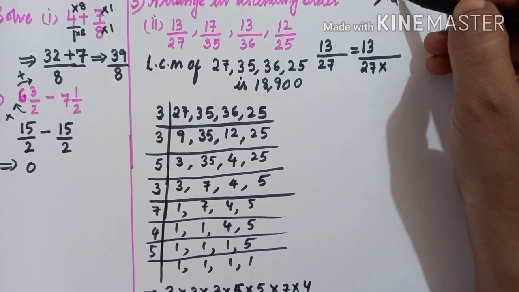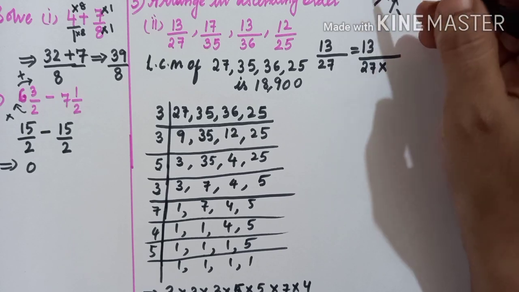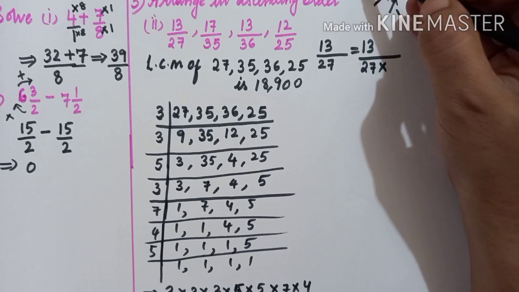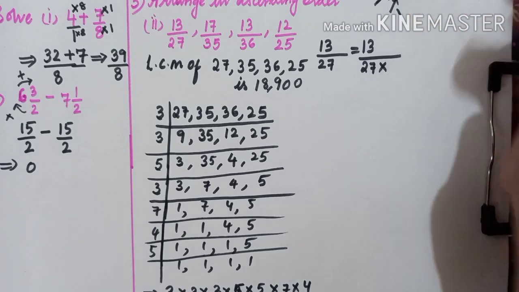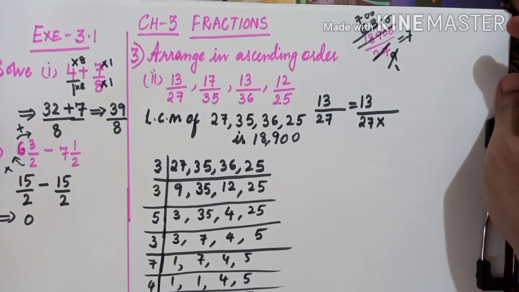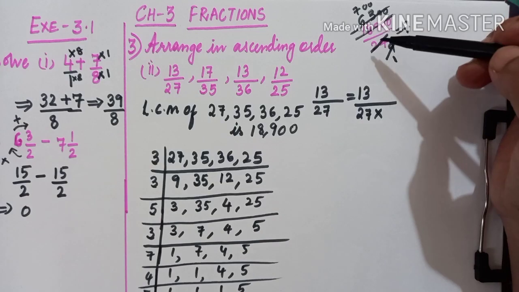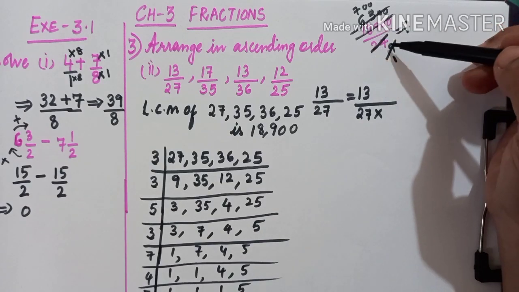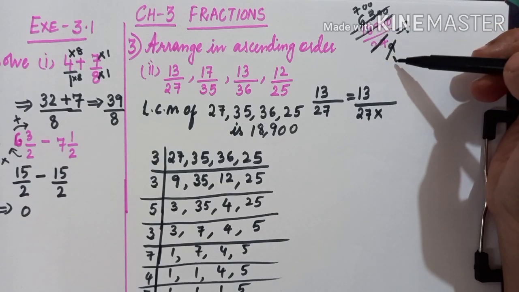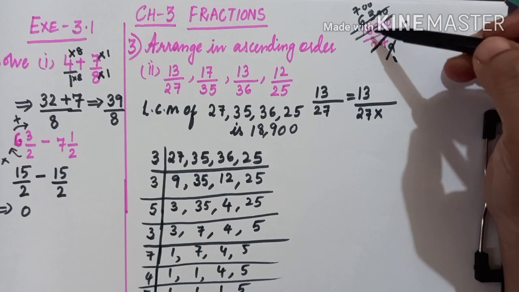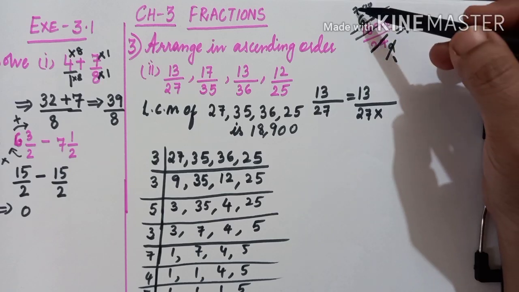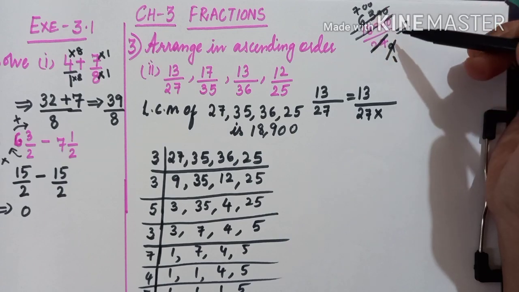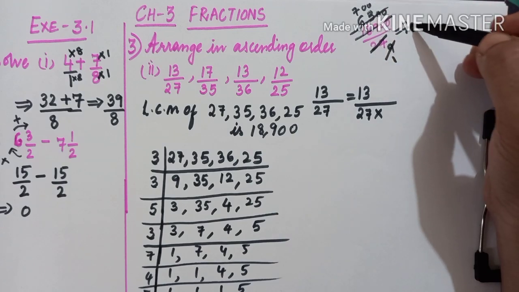Oh, sorry. See here, 18,900 divided by 27. 3 9s are 27, then 3 6s are 18, 3 3s are 9, 0 0. Then 9 1s are 9, 9 7s are 63, 0 0. So here you will get 700.